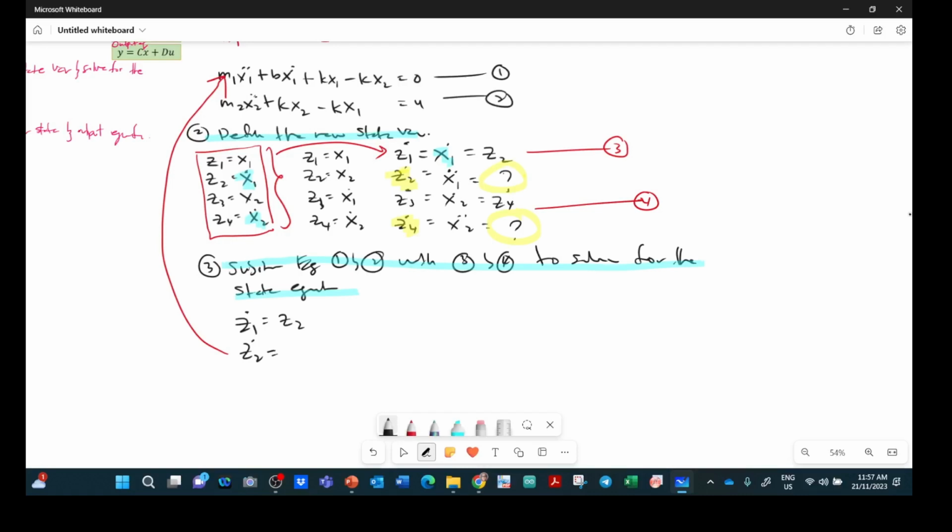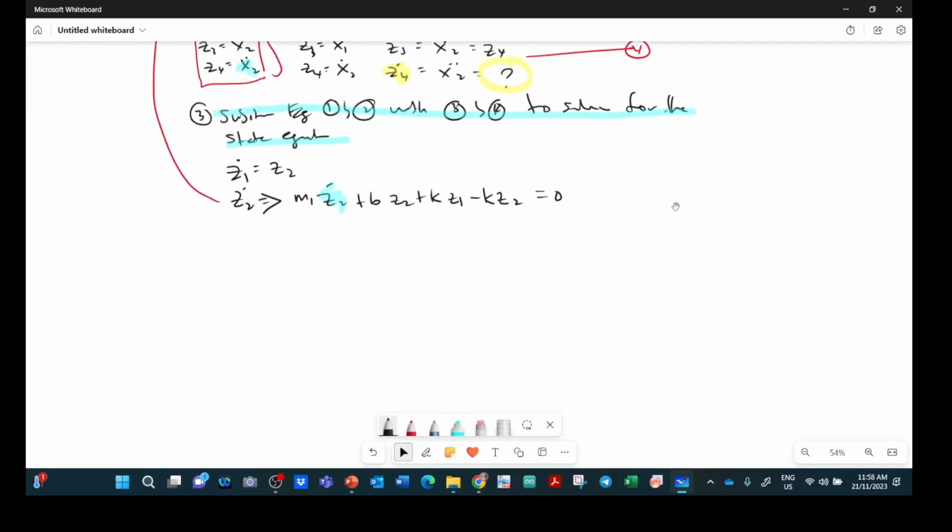So let's say that m1 x double dot is z2 dot, plus b x1 dot is z2, plus k x1 is z1, plus k x2 is z3, equal to 0. So rearrange, since we want to get z2 dot.